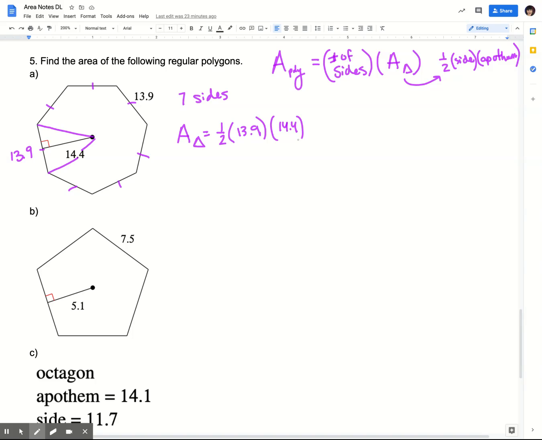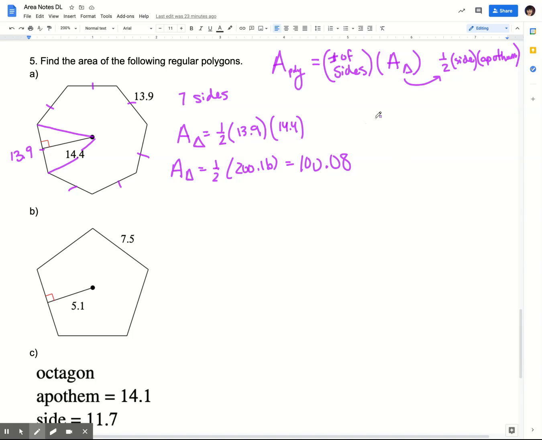So I'm going to do 14.4 times 13.9, and that number is 200.16, and then I'm going to cut that number in half, which is 100.08. So that's the area of one of my triangles.